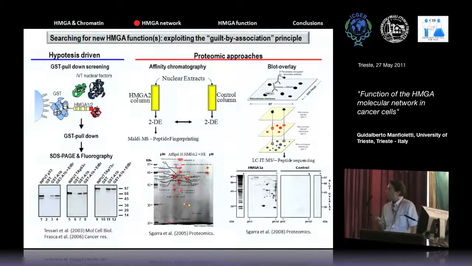But what happens if we look in an unbiased way at the interactors of HMGA? What happens if we use other approaches to identify molecular partners? We used several approaches. What I want to show you now is just the last one that we used, which is a blot overlay approach.